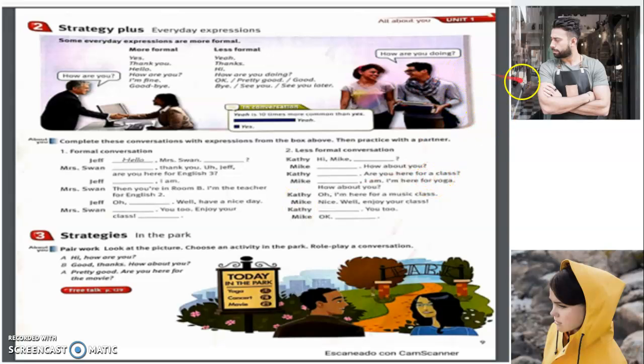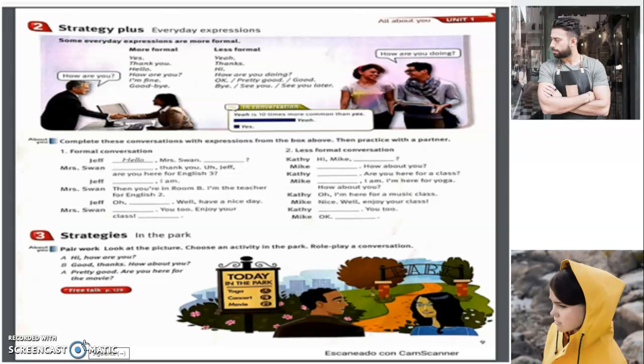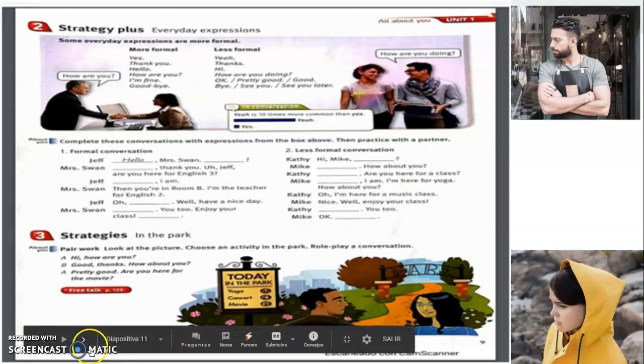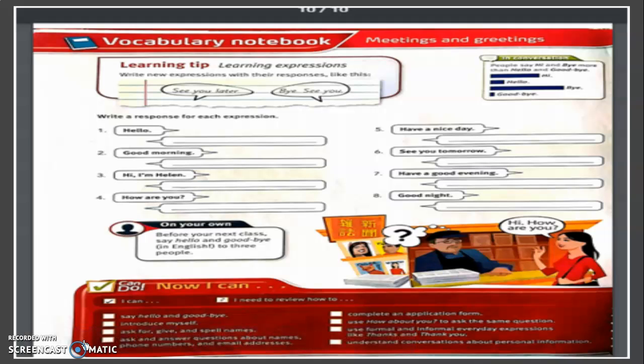Remember, they are students, they are studying, and they are using the verb to be. Strategy in the palm, important phrases, and important greetings according to the place. And finally, in this module number 1, we have a wonderful vocabulary.